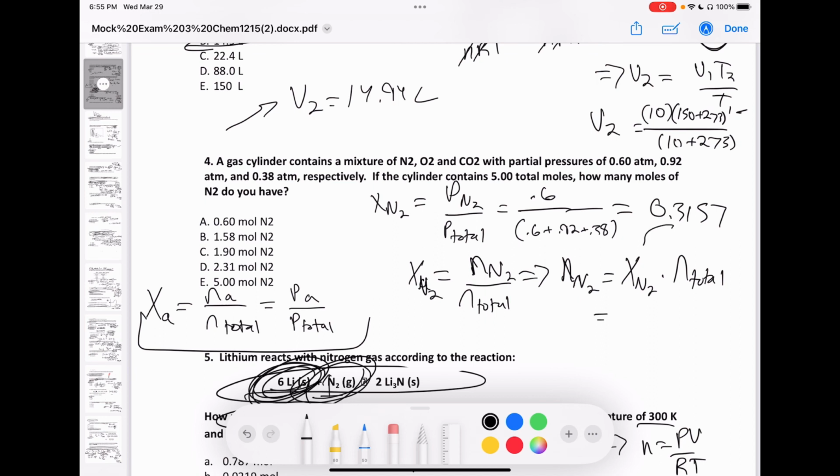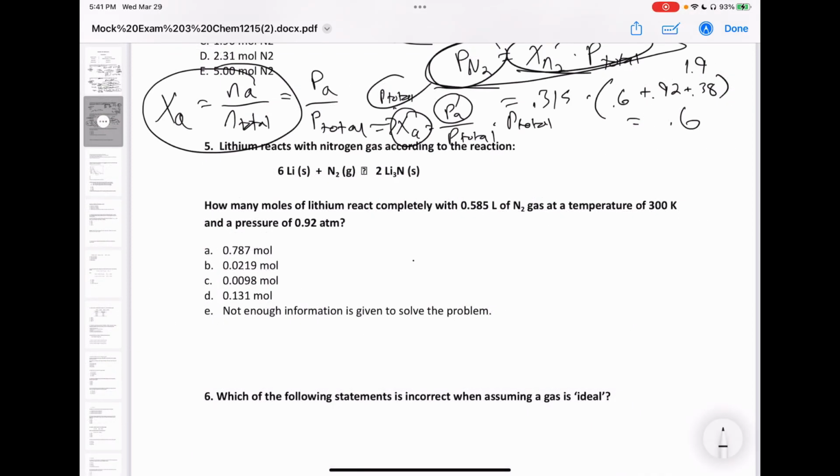So 0.3157 times the total moles, which is 5, gives 1.57 moles of N2, or 1.58, since they rounded up and I didn't include that many decimal places. Yes, answer B.